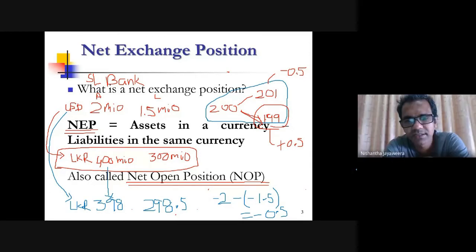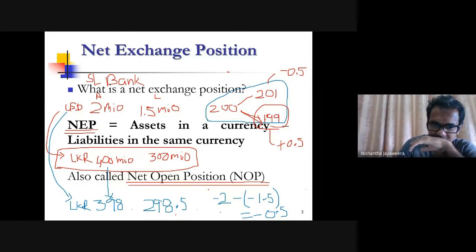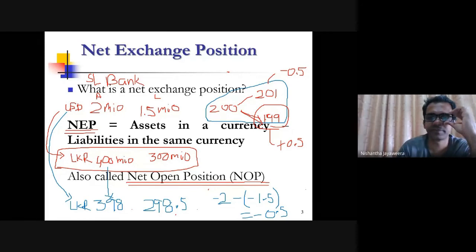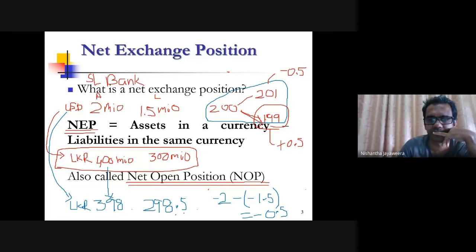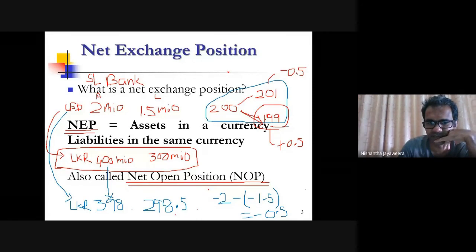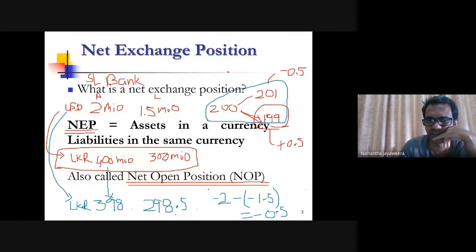I think I made a mistake in the previous one. I think I wrote it as 398.5 instead of 298.5. That's a mistake, however. It's not just the difference between these two that determines whether it's a profit or loss. It's the drop or the gain in the asset value, and the drop or the gain in the liability value.